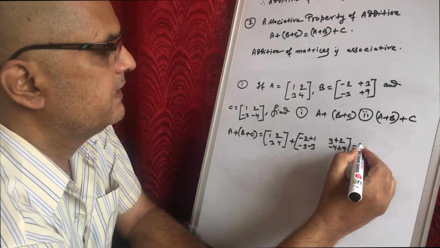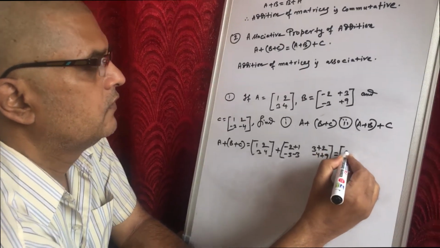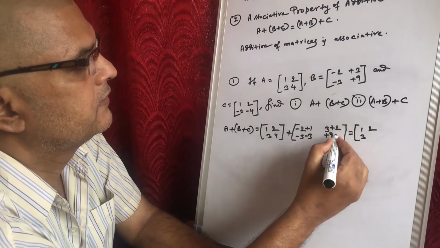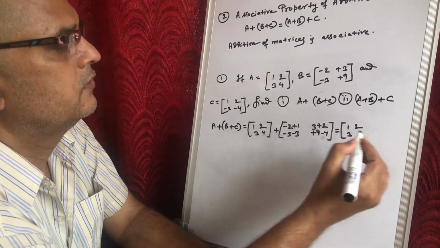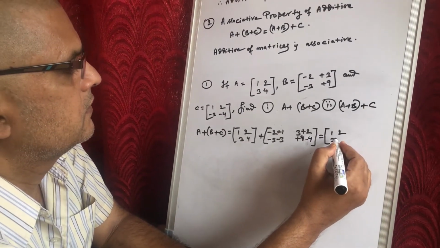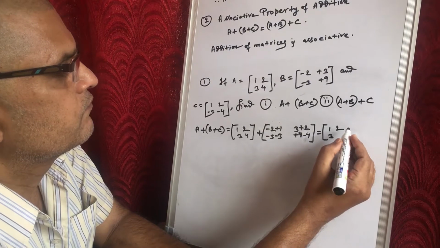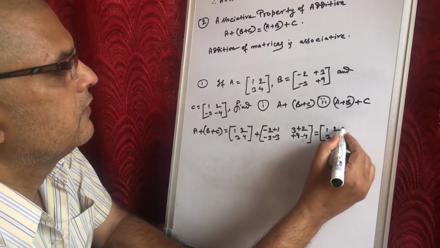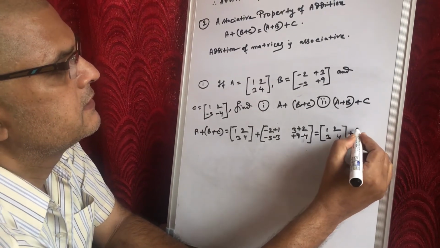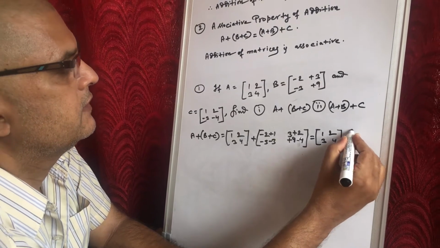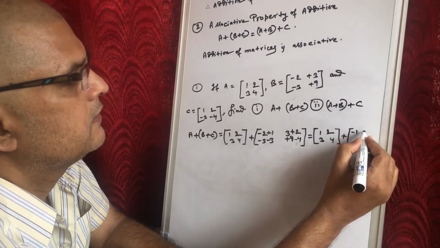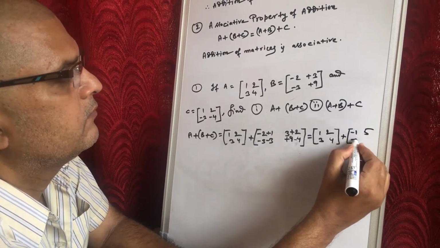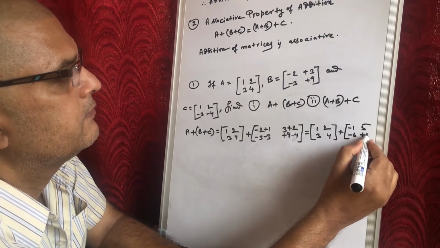So it will be what? It will be 1, minus 4. So it is 1, 2, 3, 4 plus this one, it will be minus 1, 5, minus 6, plus 5.